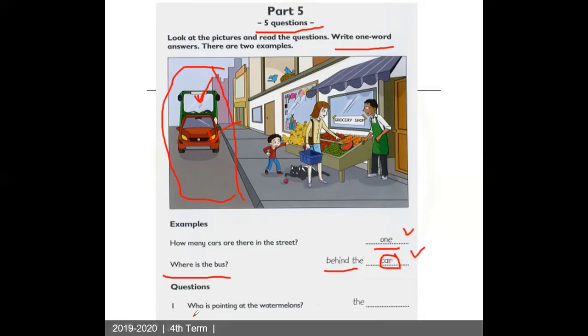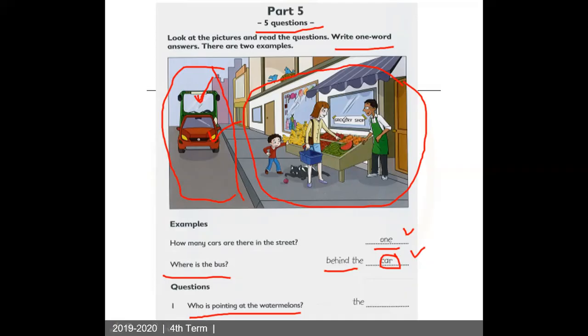Number 1, who is pointing at the watermelons? So who do you think is pointing? Pointing like this. Yeah, that is actually what you mean by pointing. Who do you think is pointing? With the watermelons. Watermelon is this one.